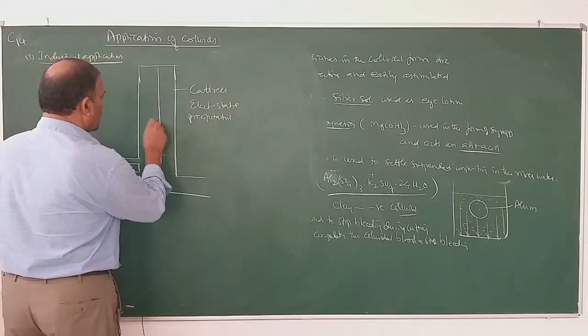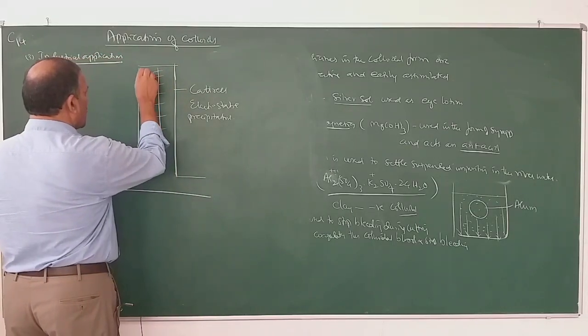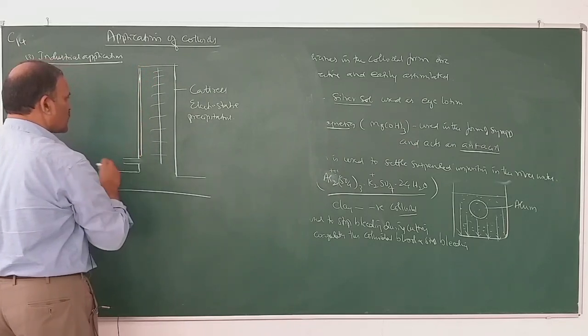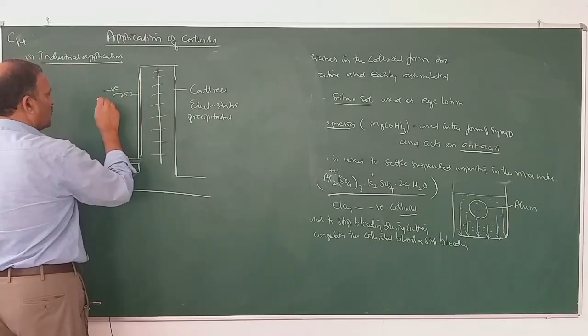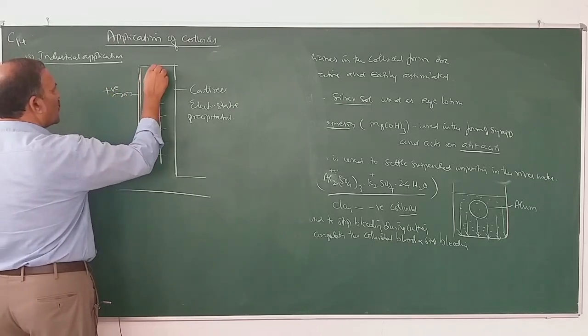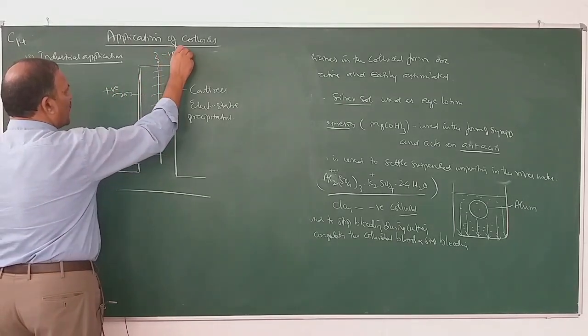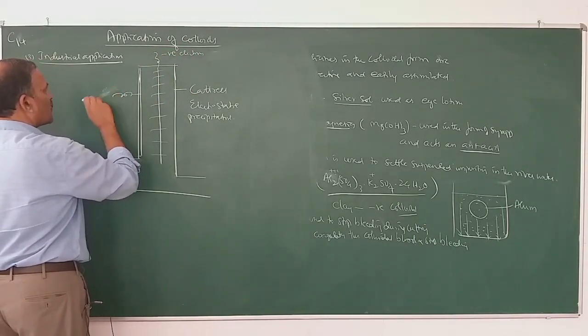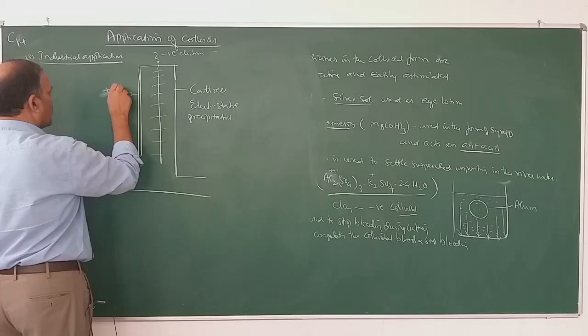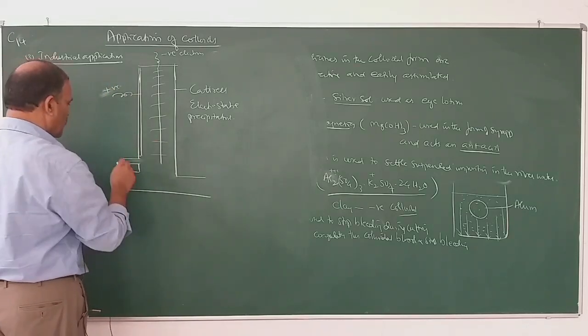So here there is charged electrodes and here it is another charged electrodes. So suppose this is positive electrode and this one is negative electrode, or suppose this is negative electrode, this one is positive electrode, whatever it may be.